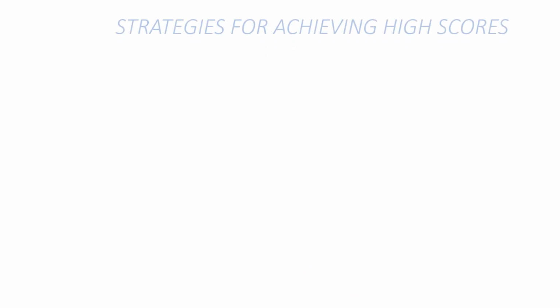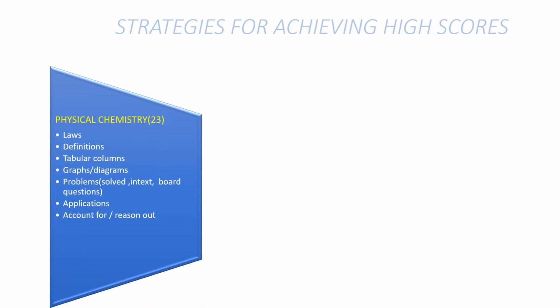Strategies for achieving high scores in chemistry. Physical chemistry: you have to learn by heart all the laws, definitions, tables, graphs and diagrammatic questions. Solve all the problems: example problems, in-text problems, exercises and board question paper problems, applications and reasoning type of questions.